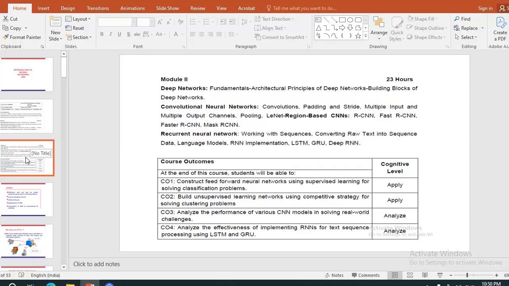For implementing deep learning models, the better language is Python. By using Python we can implement the deep learning model. It is a very useful, friendly language for implementing deep neural networks.